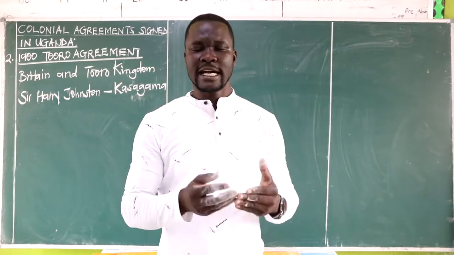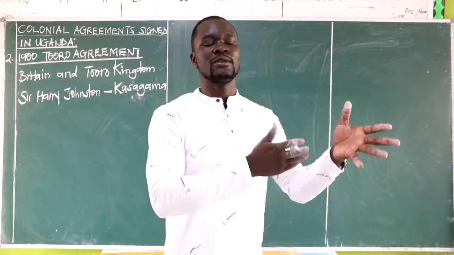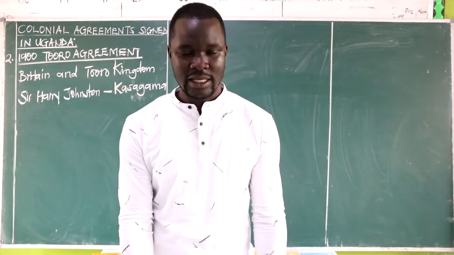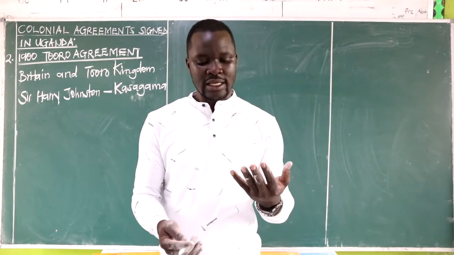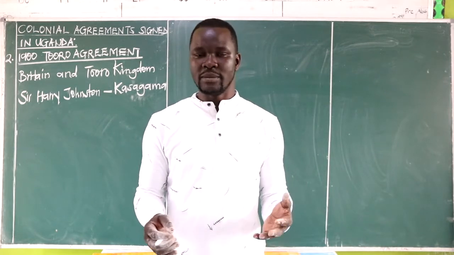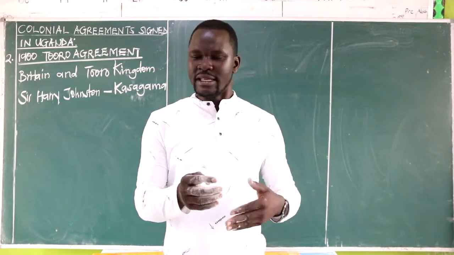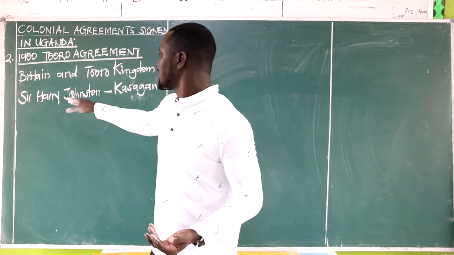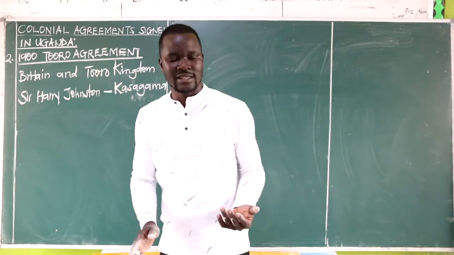We also have the terms of this agreement. They are the same terms as those in the 1900 Uganda agreement. They also had to introduce taxation. On that, we shall be saying that still the same thing that we said. They introduced taxation, meaning we shall have still hut and gun taxes introduced in this agreement.